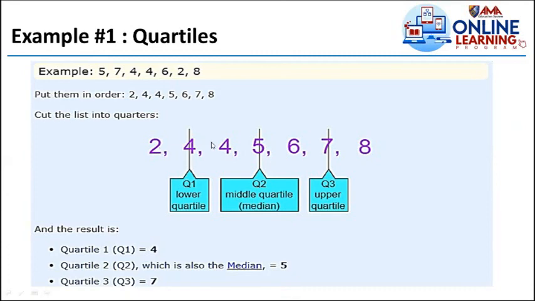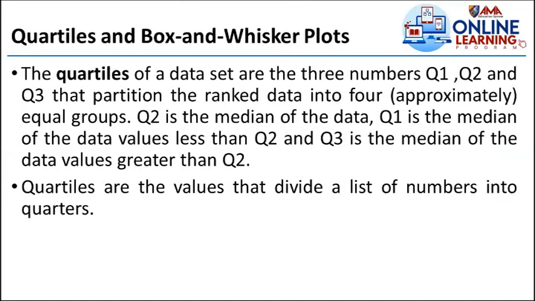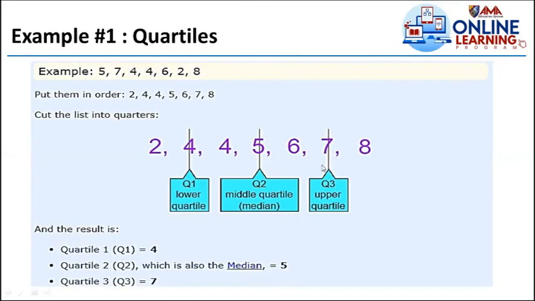Tapos, kukunin natin yung median. O, automatic, dahil 3 sila, ang median po niya yung nasa gitna. That one will be considered as your Q1. Or, another term, lower quartile. Next, paano naman yung Q3? It is the median of the data values greater than Q2. Kaya dito, ito yung Q2 natin, ito yung data values natin which is greater than.